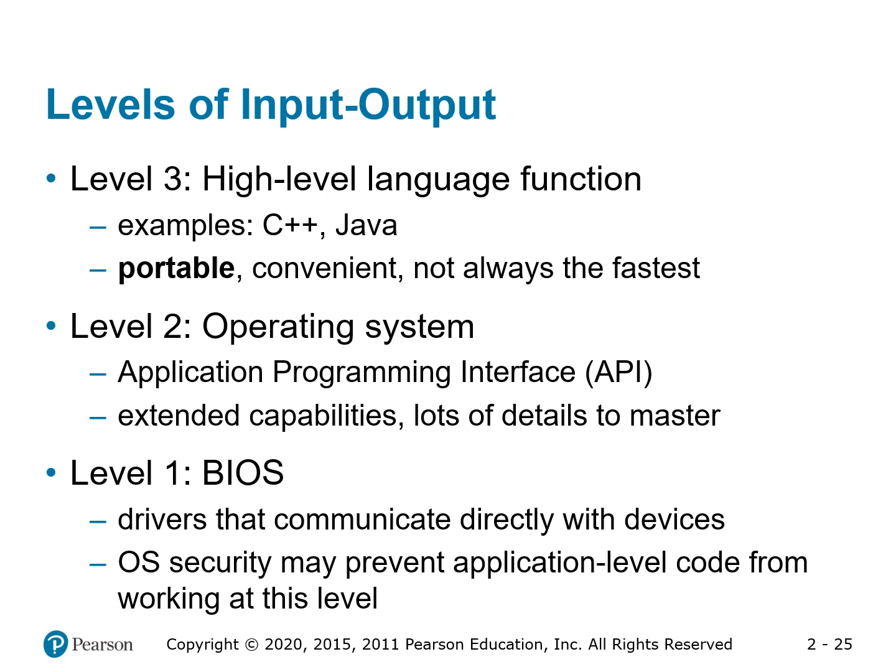So there are different levels of input output. In level 3, we have the high-level languages. What they do is use a function to actually write to a file. So if they want to write to a file, we'll use a function. Or if you want to print to a peripheral, like print to the printer, we're going to use a function for that.